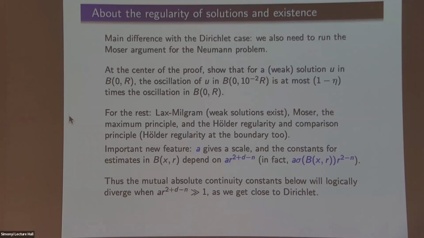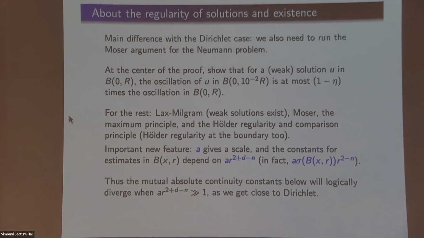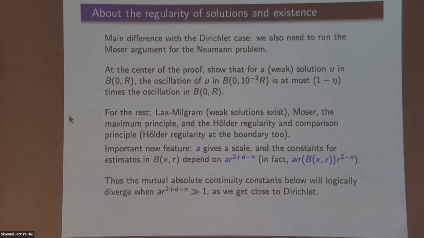Okay, so if you ask me what makes the whole machine work, the answer is I have a Poincaré inequality at the boundary. So what do I mean by Poincaré inequality at the boundary? Not only do I have a trace, right? But on this ball, I have u here.